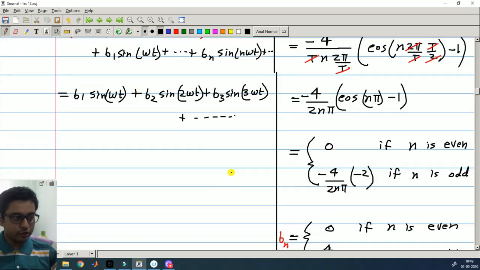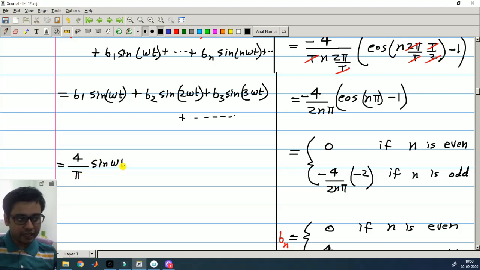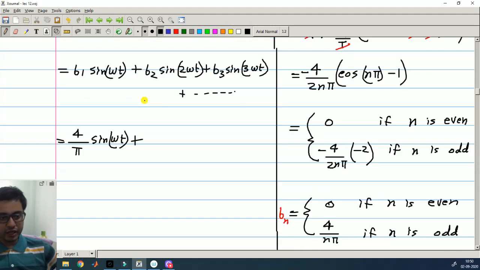Now let me put the value of b1 as 4 by 1 pi times sine omega t, but b2 is 0. If n is even, then bn is 0.